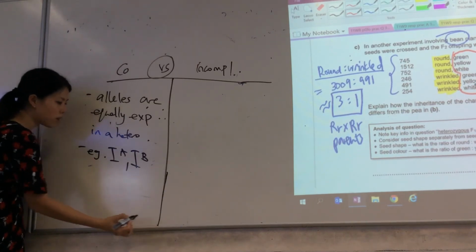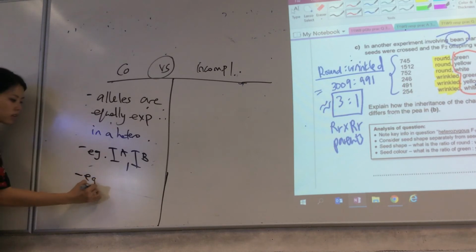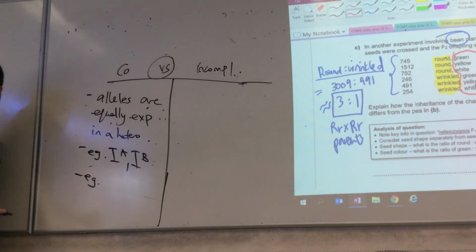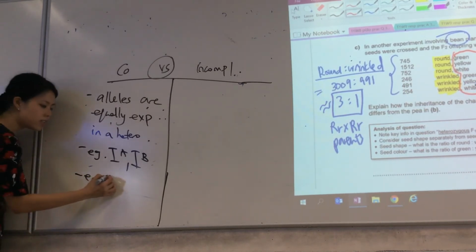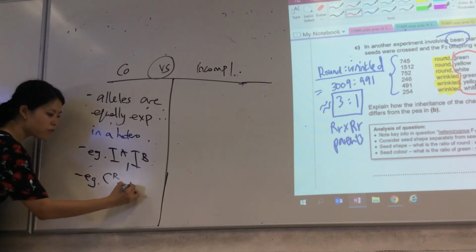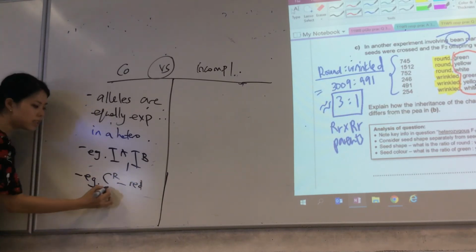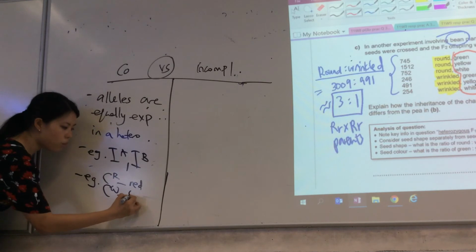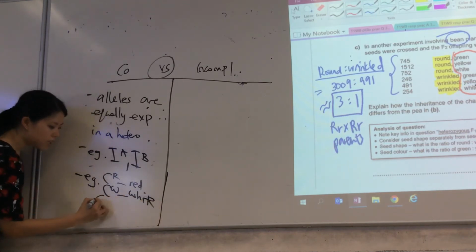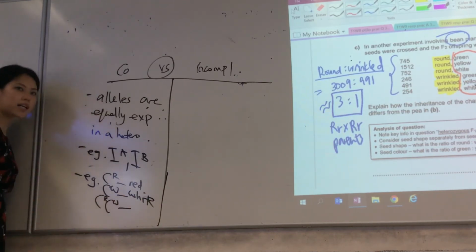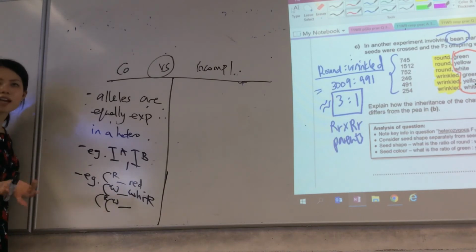So that's codominance. Another example in your notes is the coat color of cattle. If you have the CR allele for red coat color and the CW allele for white coat color, if it is a heterozygote, what do you think the coat color of the cattle will look like?